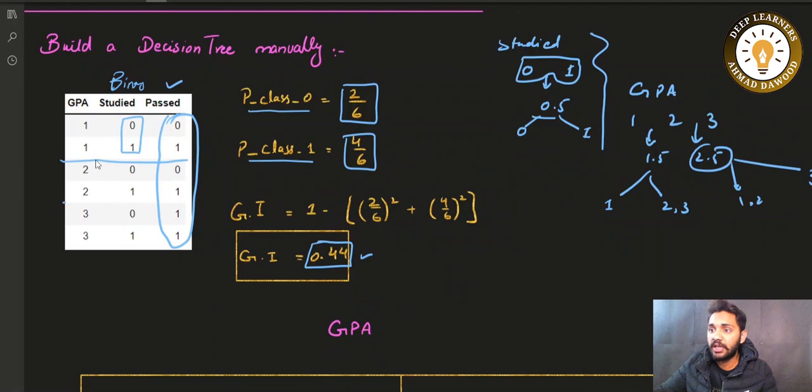You can split your data set at this point or at this point, so in 2 points you can split. Now we will check the Gini impurity in both cases, as we have just two split values in the case of GPA.